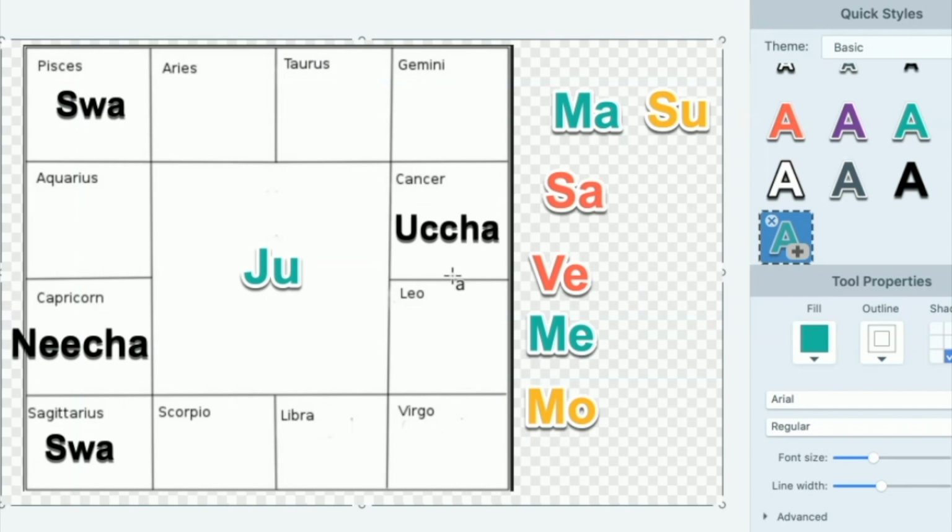So Guru is the deity that rules Pushya, and the nakshatra Pushya is in most of the sign of Cancer. It's from 3°20' to 16°40' of Cancer. Jupiter does very well in the sign of Cancer.